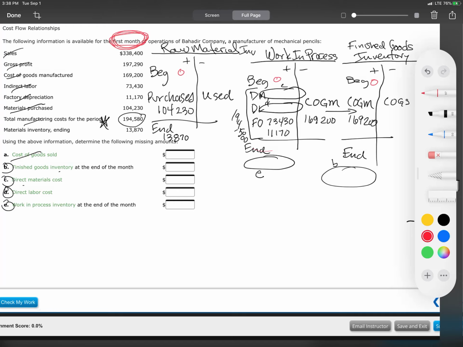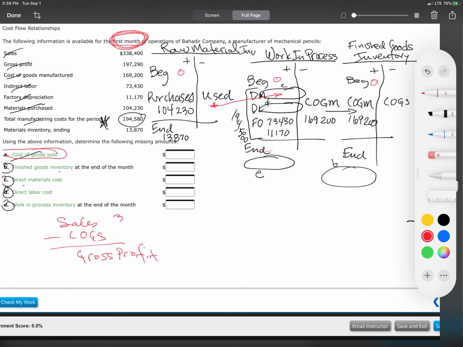Let's see. This work in process is going to be the hardest, so we're going to have to do that last. I would say you've got 0 plus 104 minus the 13 equals, so do this and put it there. Then I would calculate finished goods. I would say 0 plus 169. Oh, and you need to go back up here to calculate your cost of goods sold, which is basically your sales minus cost of goods sold equals gross profit.